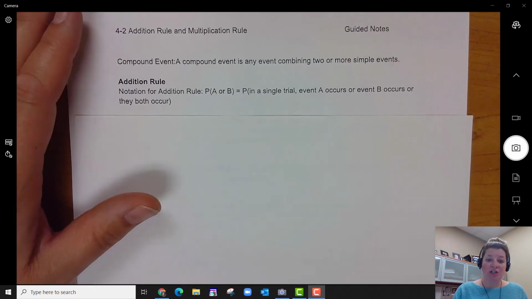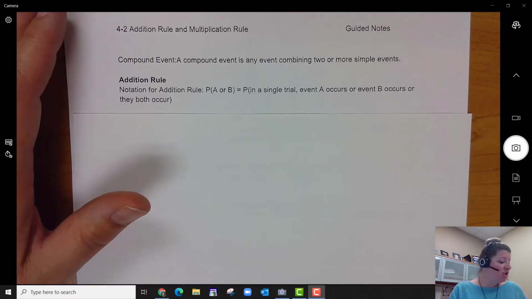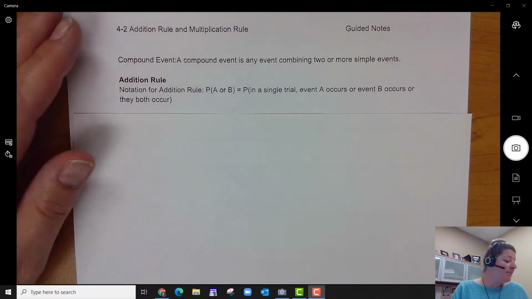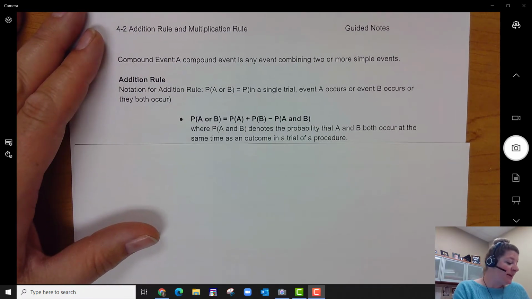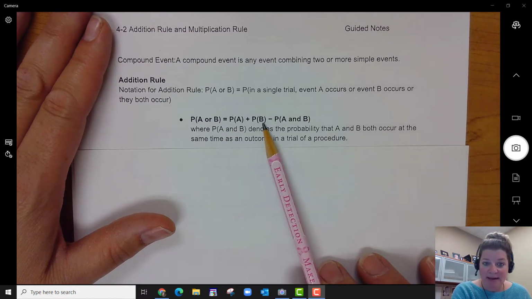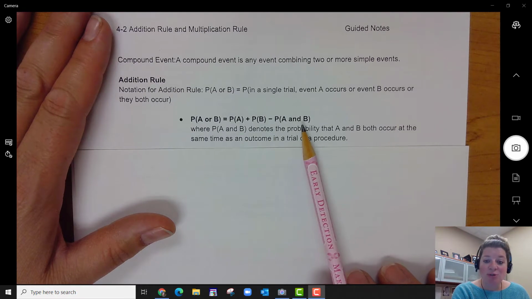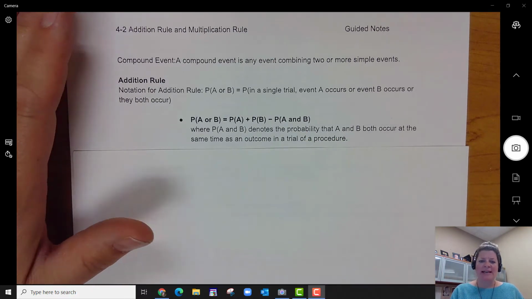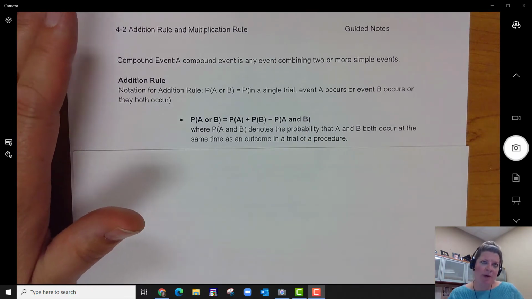So the or first. The notation is the probability of A or B occurring. It's going to be the probability of A plus the probability of B. Now, we also have to subtract off any of our and, or our overlap. That'll make more sense in an example.